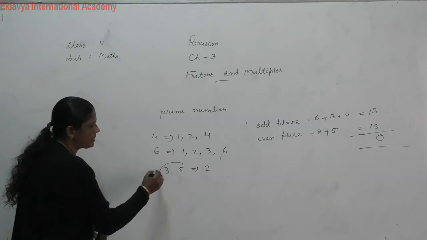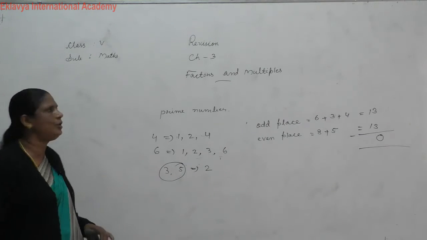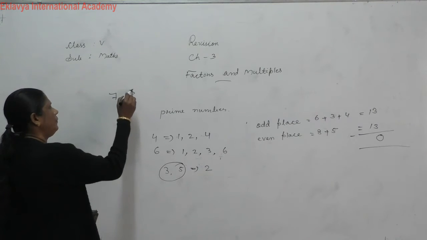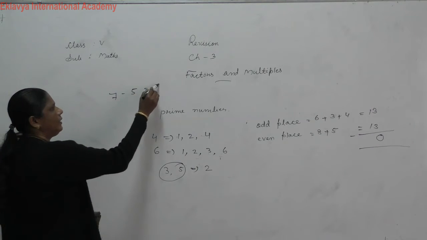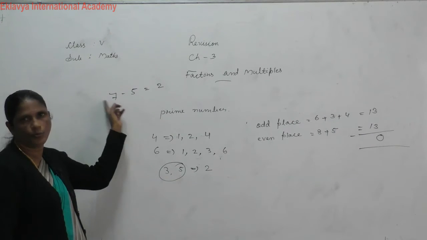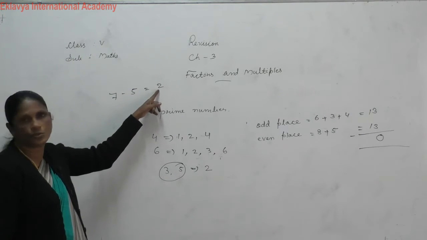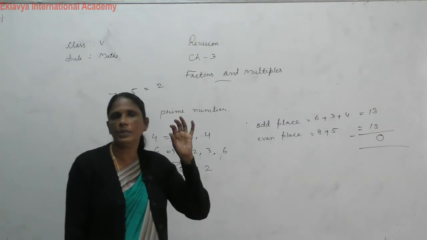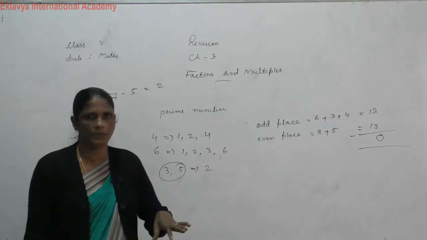So these 3 and 5 are the twin primes. Likewise 5 and 7, the difference is 2. That is called twin primes.